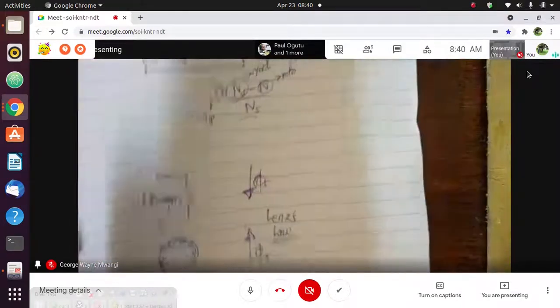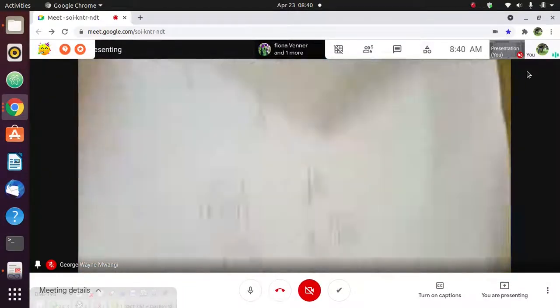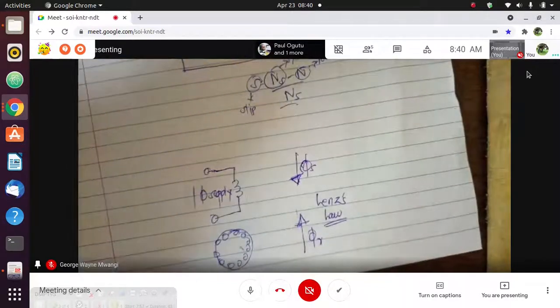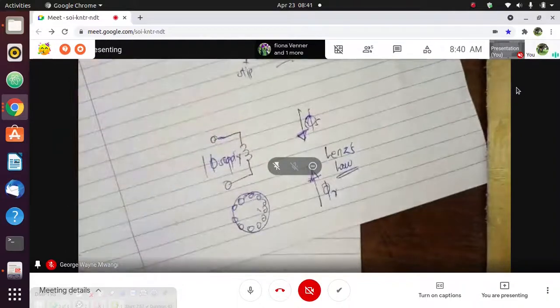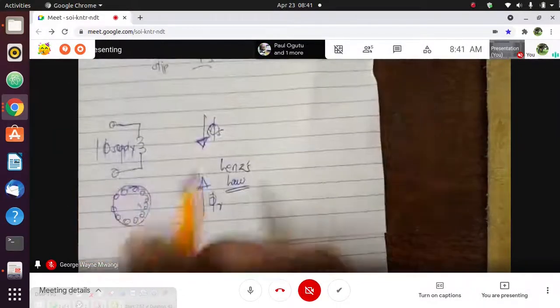Now when the rotor is running, remember that a rotor of a single phase induction motor is not self-starting. And we say that we can make the motor self-starting by, no, we can make the rotor move by using our hands.